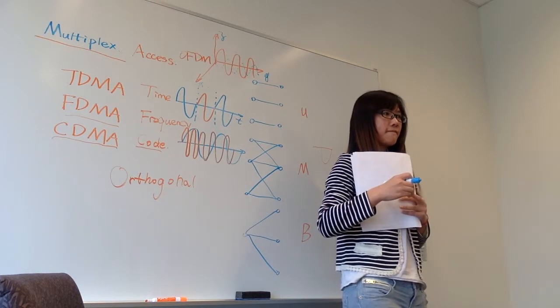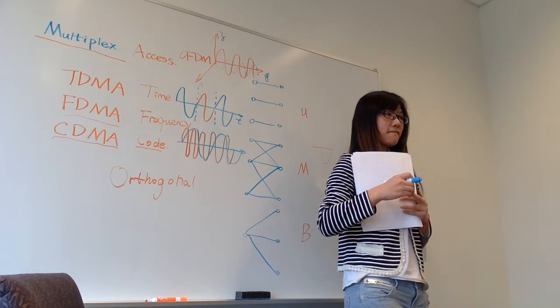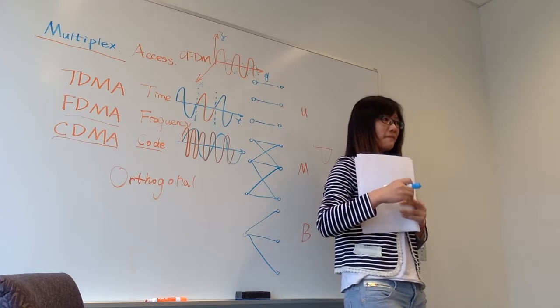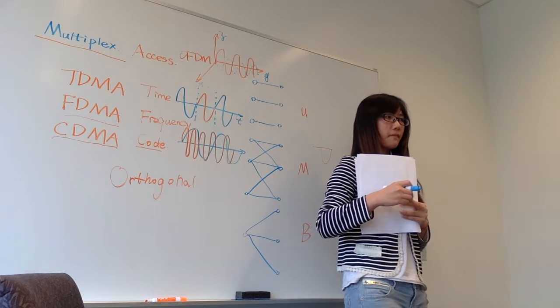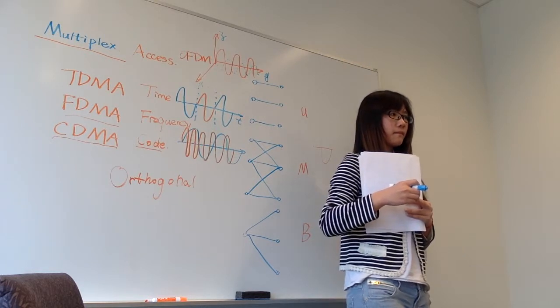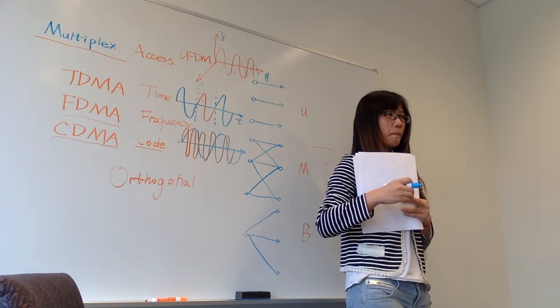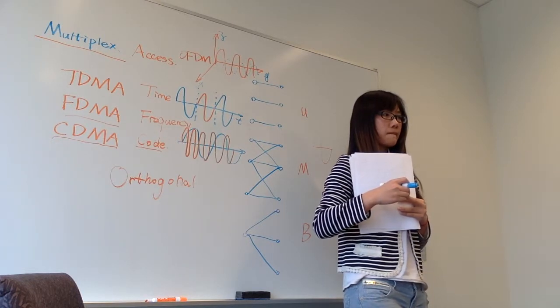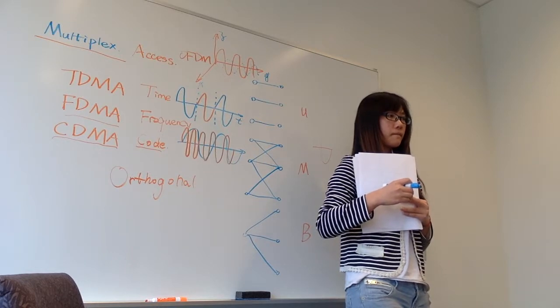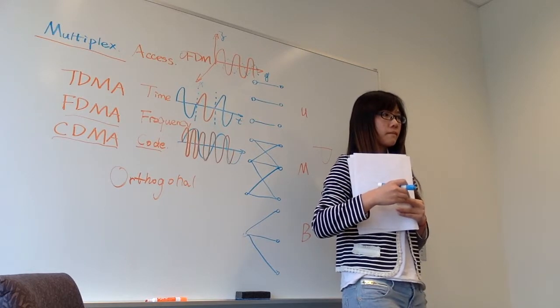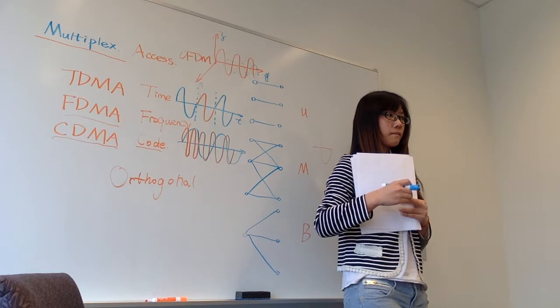From my understanding, I have a simple explanation. So here the multiplex, right? Basically, you can think the multiplex is like one way to share the media when you communicate with others. Because when one pair is communicating, then others cannot access the media.